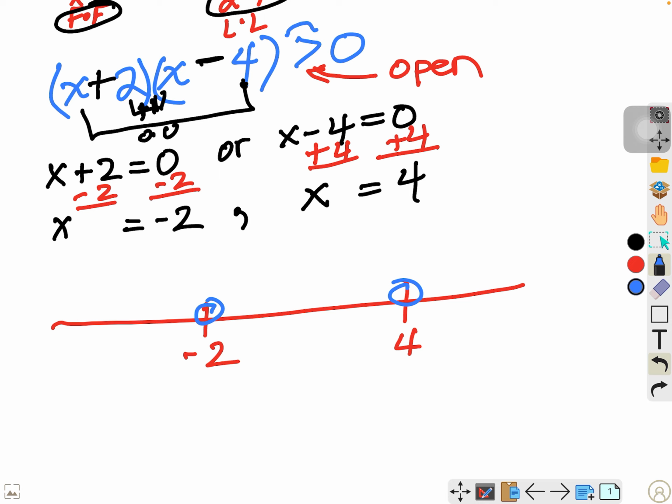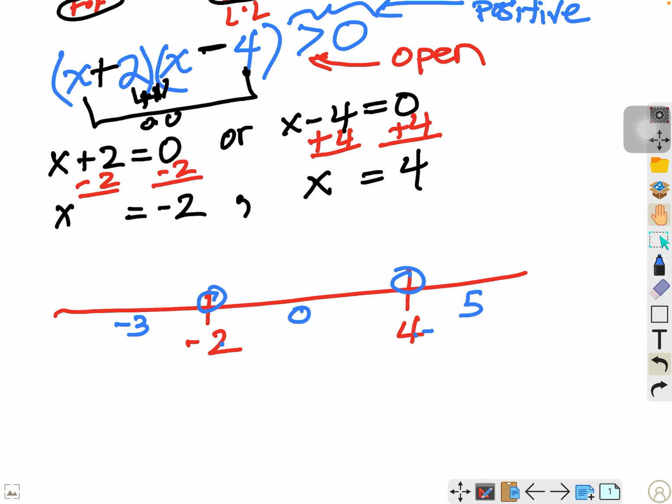And greater than 0 means we're looking for positive solutions, solutions that will make this product positive. So between a negative number and a positive number, we find the number 0. Beyond 4 is 5. To the left of negative 2 is negative 3. We can choose larger or smaller numbers, but we've chosen negative 3, 0, and positive 5.